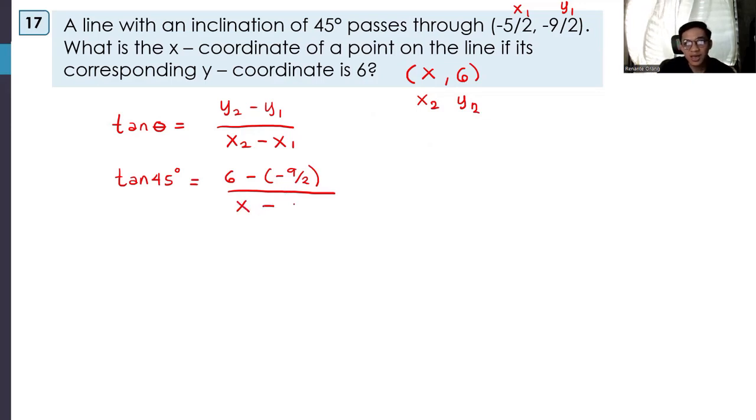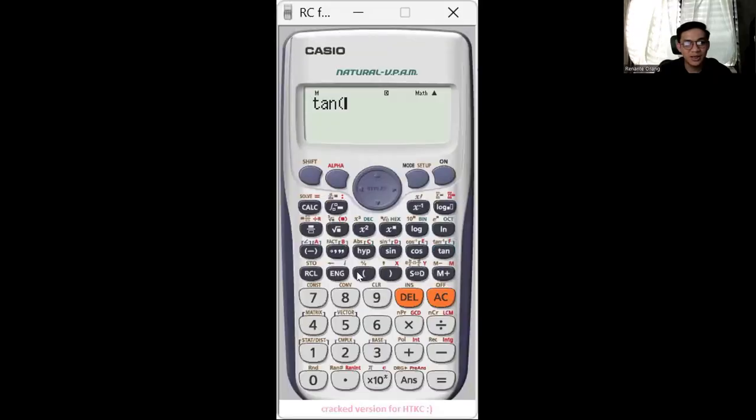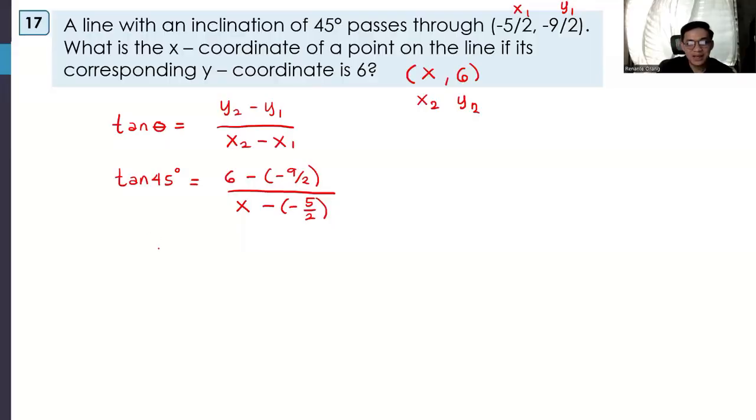Tapos, minus x sub 1 is negative 5 over 2. So, medyo mahirap to i-calculator kasi may tangent 45. Hanapin muna natin yung kanyang value. By using our calculator, tangent 45 po is 1. So, palitan natin dito, 1 is equivalent to 6. Negative times negative is positive, 9 over 2. Divided by x, negative times negative is positive 5 over 2.